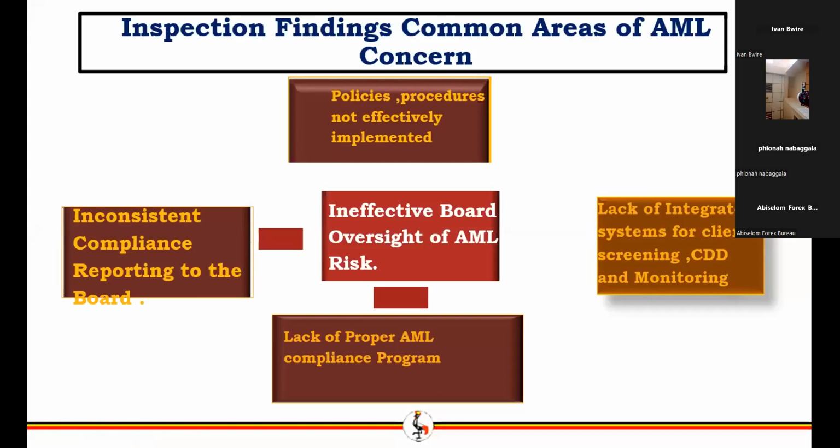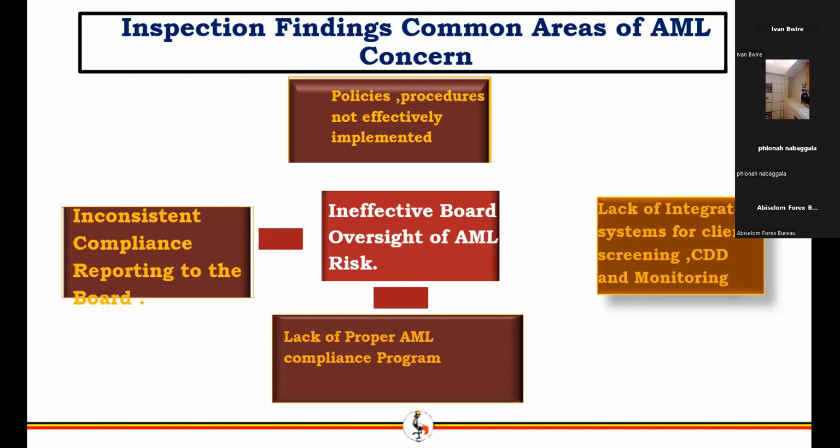There's a lack of integrated systems. Depending on how big your institution is, FATF requires you to put in place controls that are consistent with your risk appetite or your risk profile. The bigger the Forex Bureau, the bigger the risk appetite. So the systems you put in place have to correspond to your risks.